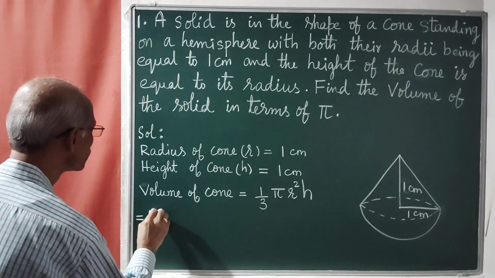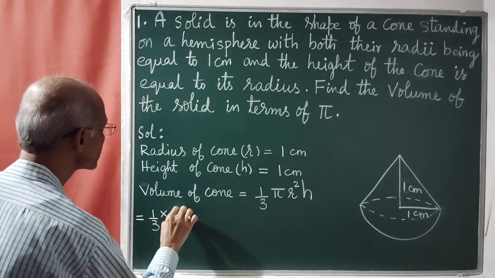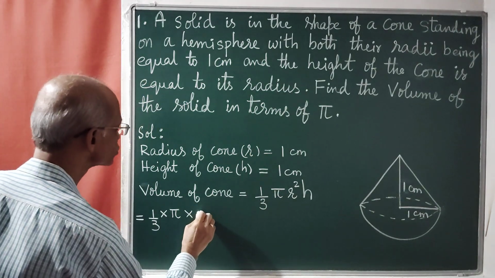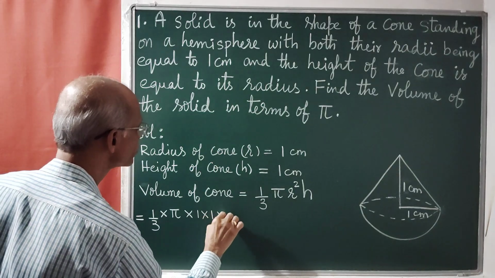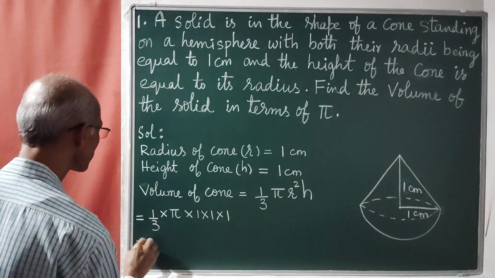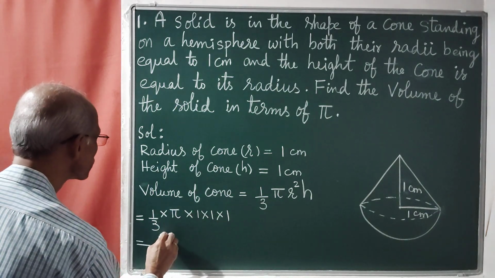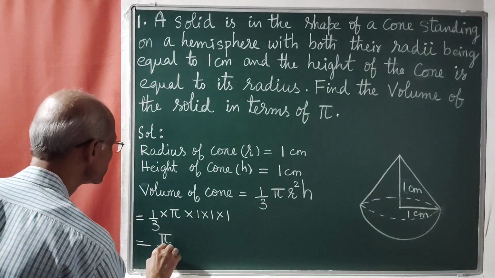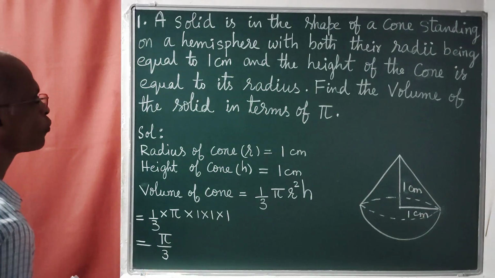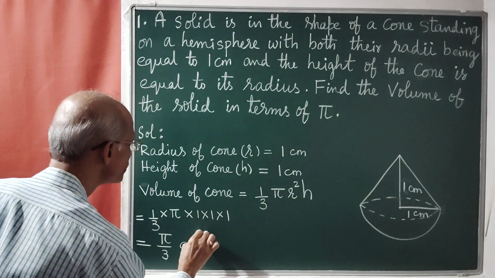That's equal to 1 by 3 into pi into r square, that is 1 into 1, into height 1. It will be equal to pi into 1 into 1 is pi, so pi by 3. So the volume of the cone is pi by 3 centimeter cube.